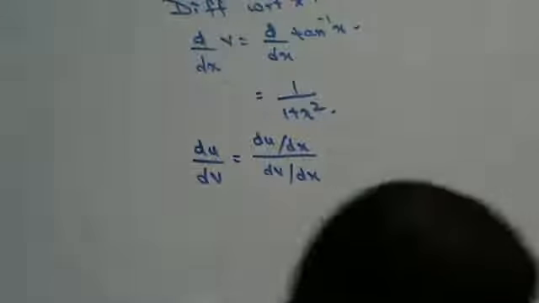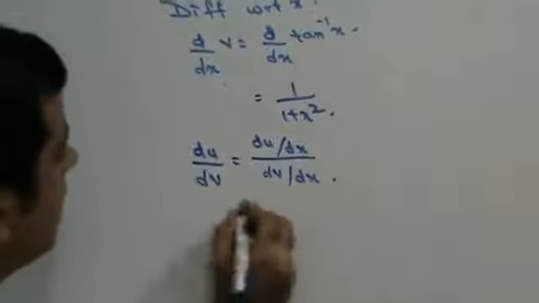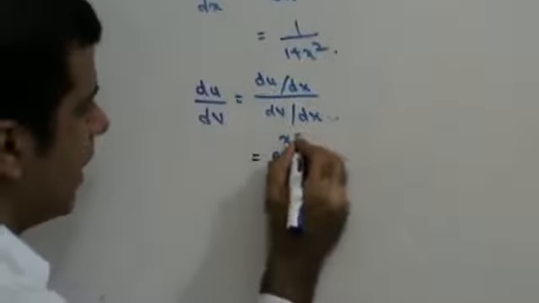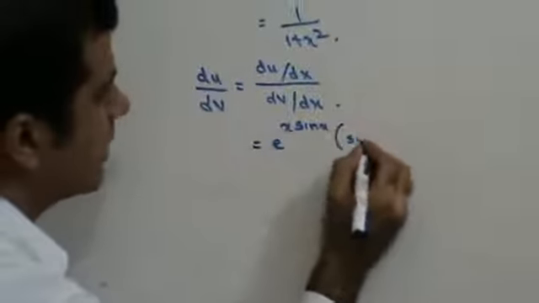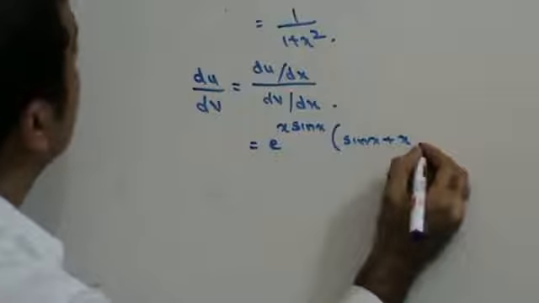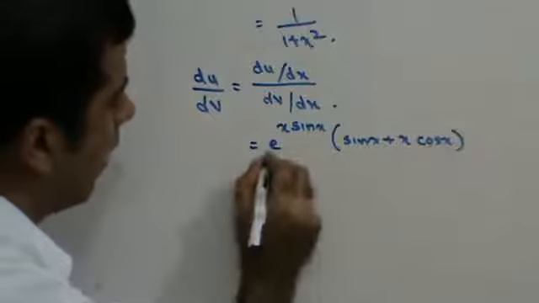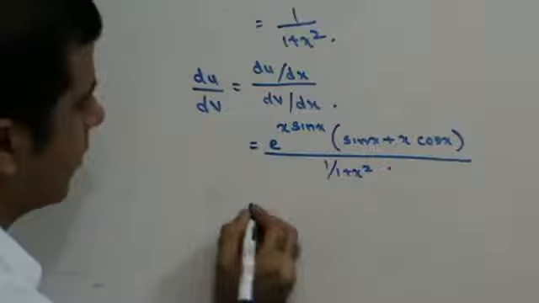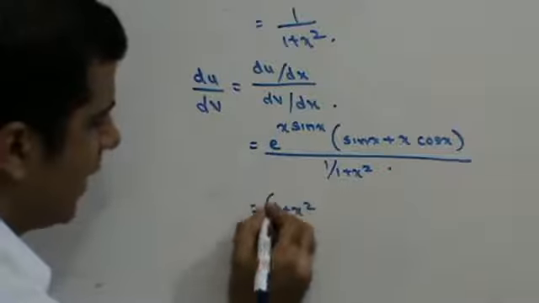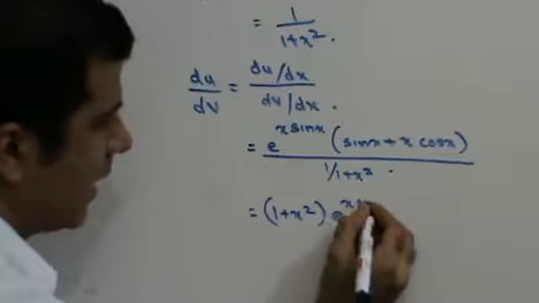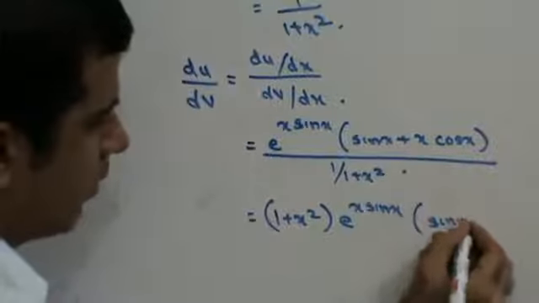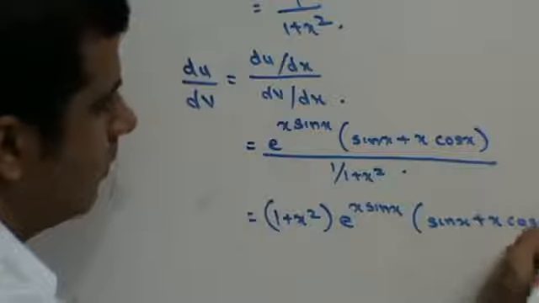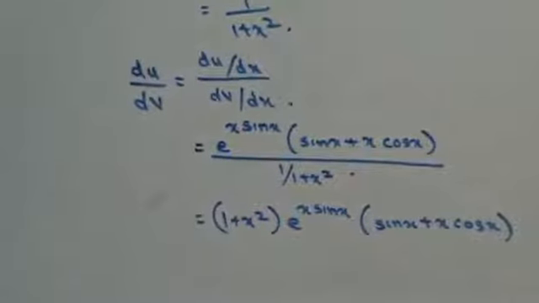If I substitute these values, du by dx is e raised to x sin x plus x cos x, upon dv by dx, which can be written as 1 upon 1 plus x square. So your final answer is 1 plus x square, e raised to x sin x plus x cos x. Fine, do we get this thing here? Next, let's move on to the next one, guys.